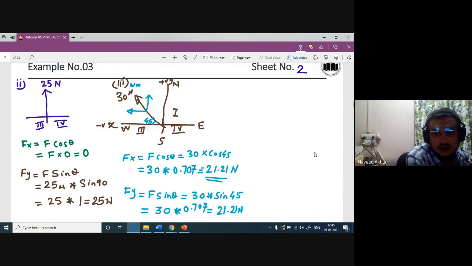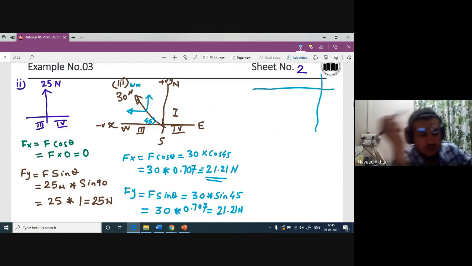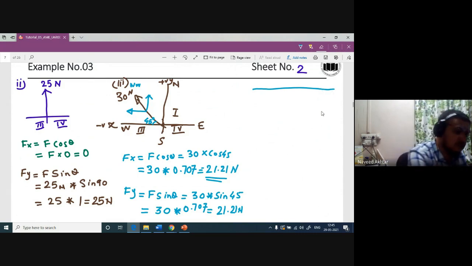So I will draw the quadrant first. The line is a bit crooked, please understand, free hand drawing is there, so it may happen. You will understand this.